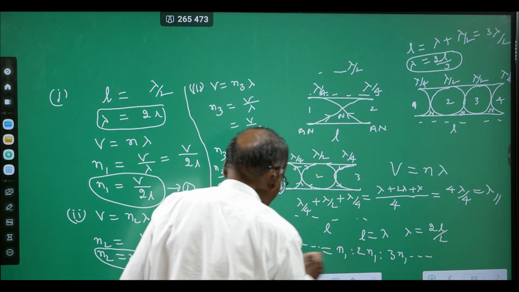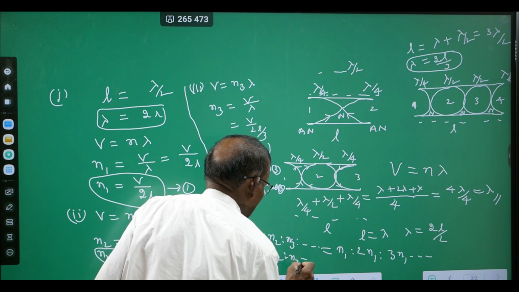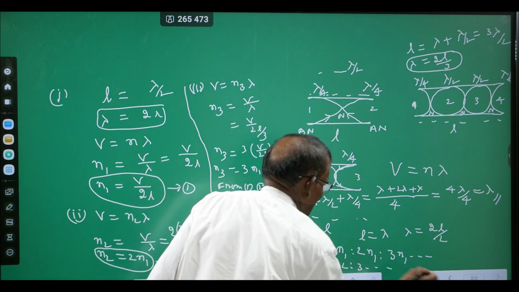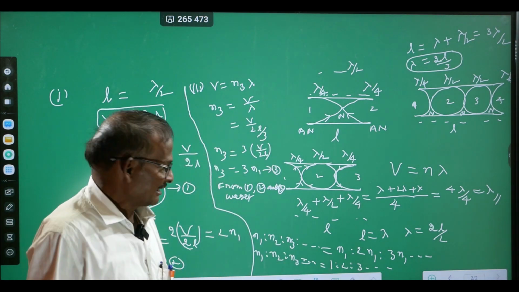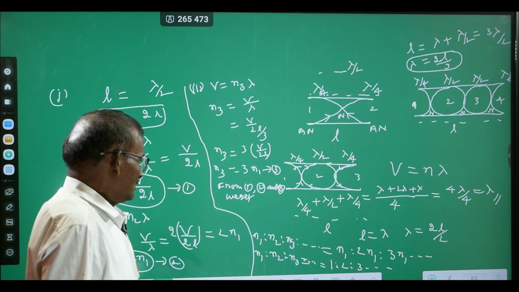In all these, N1 is a common factor. Therefore, N1 is to N2 is to N3 is equal to 1 is to 2 is to 3. These are all positive integers, integral multiples of the fundamental frequency.